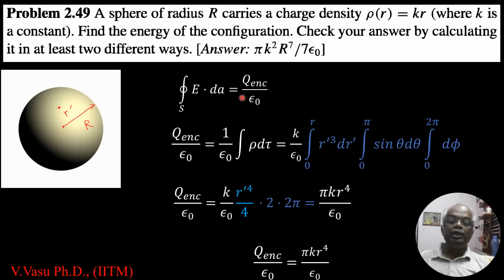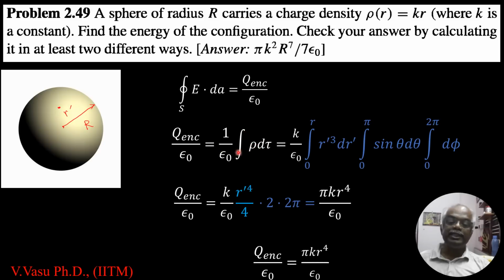So now your task is to find the charge enclosed over epsilon naught. That is, the charge enclosed over epsilon naught is equal to 1 over epsilon naught, taking epsilon naught outside as a constant, and here the volume density is given as rho.